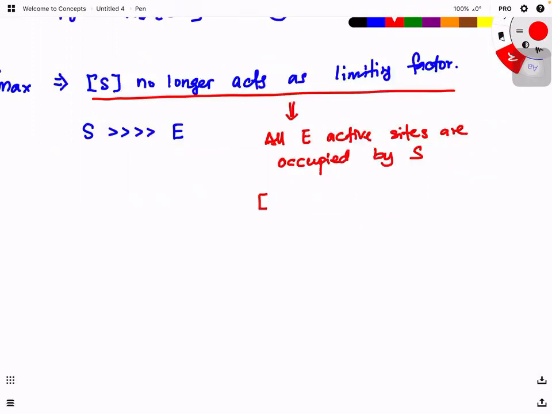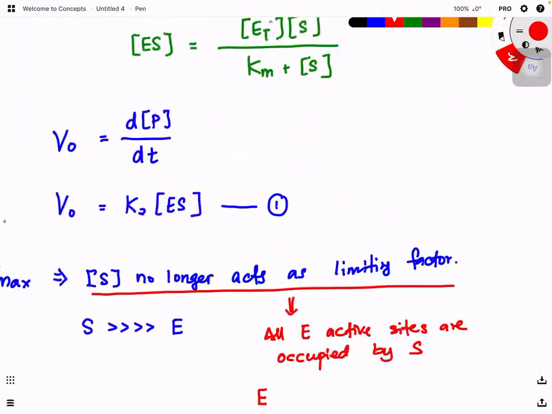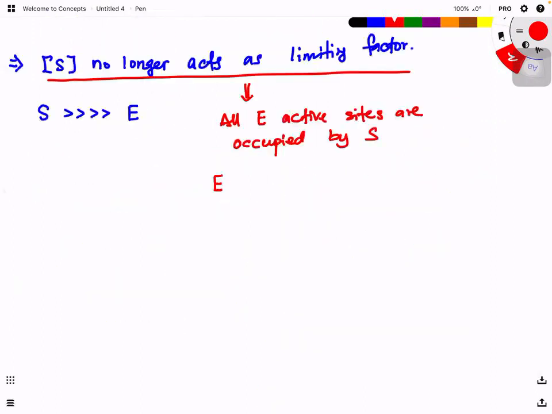You look at this, my total enzyme now actually equals the concentration of ES, because all active sites are occupied by the substrate. So it means that all enzyme now already forms ES complex. Correct or not?